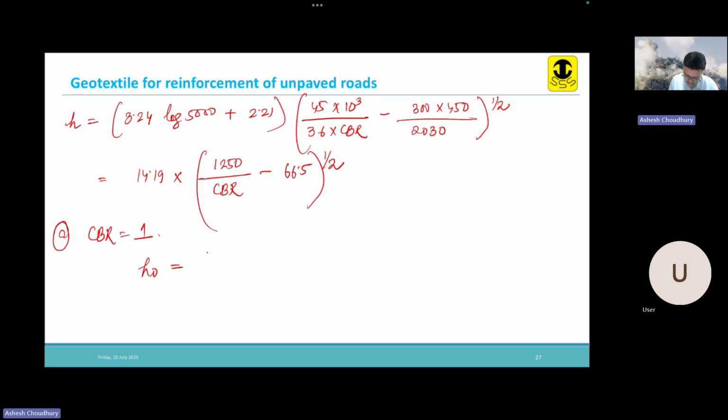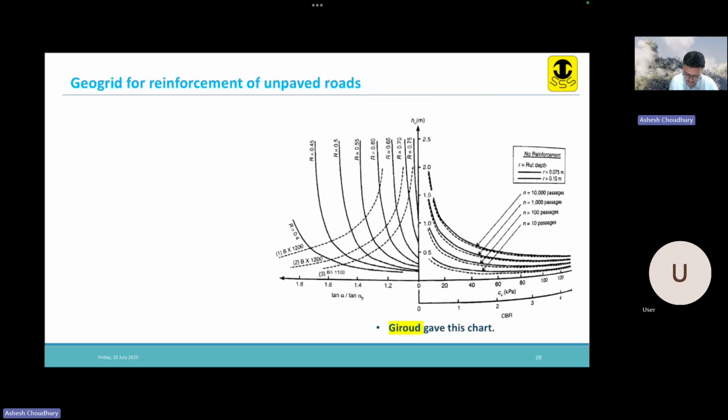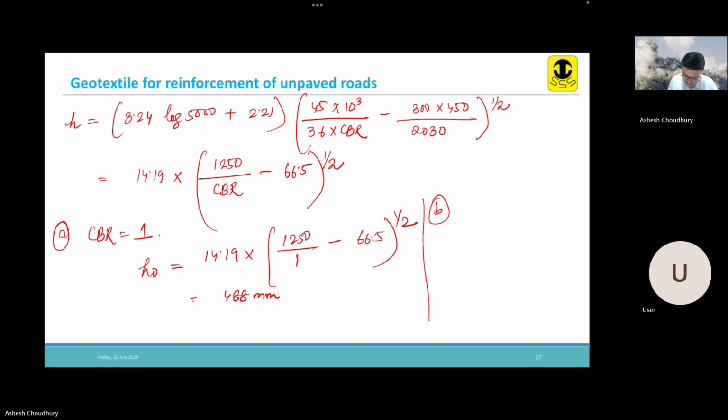Then my H naught is 488 mm. Next, for the geotextile case, H is 302.